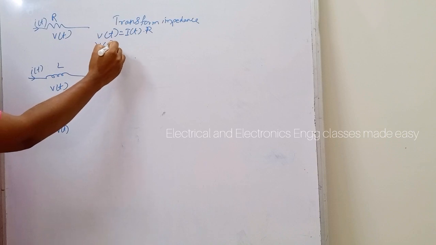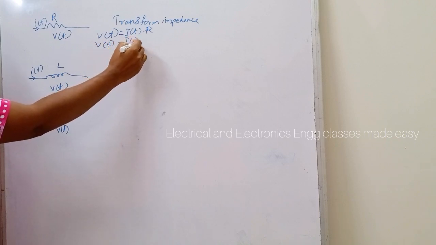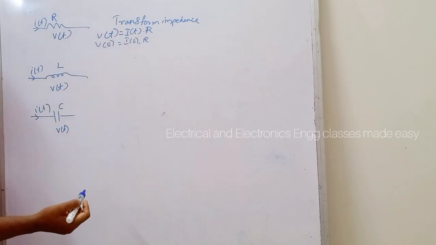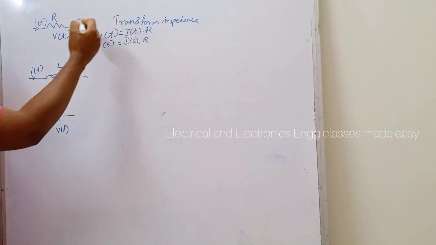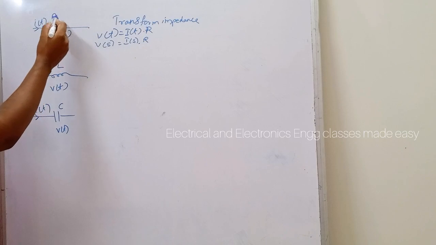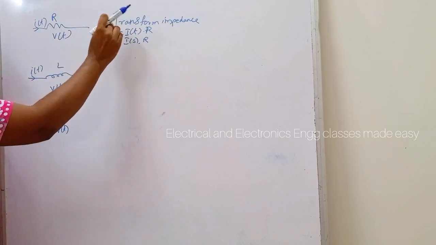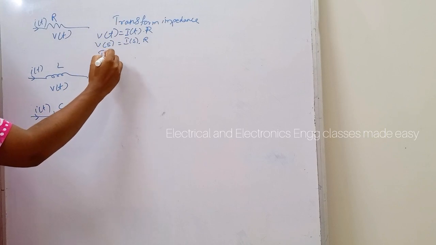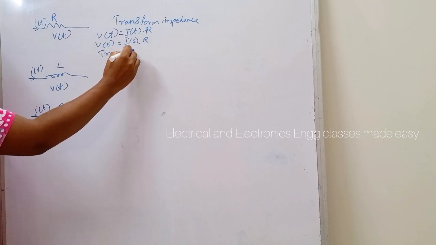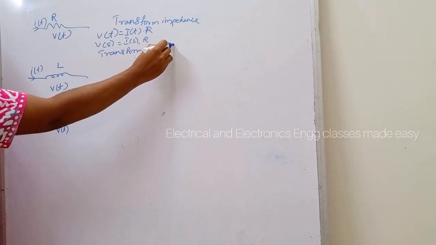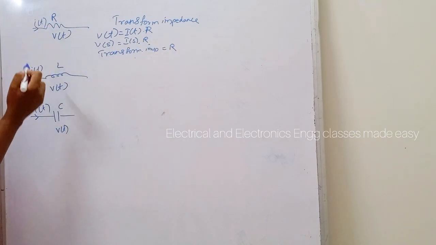So V of s equals I of s into R, and the transform impedance in the case of a resistor is equal to R.